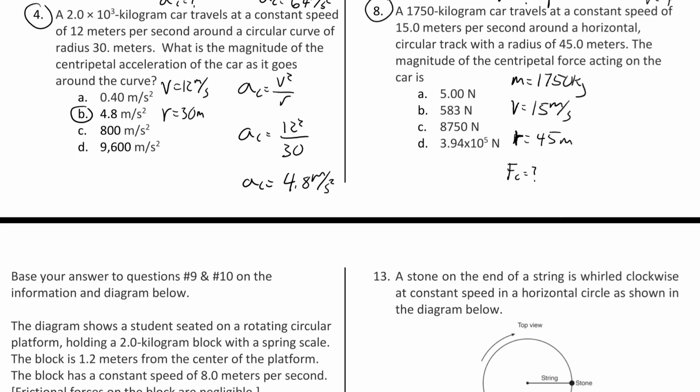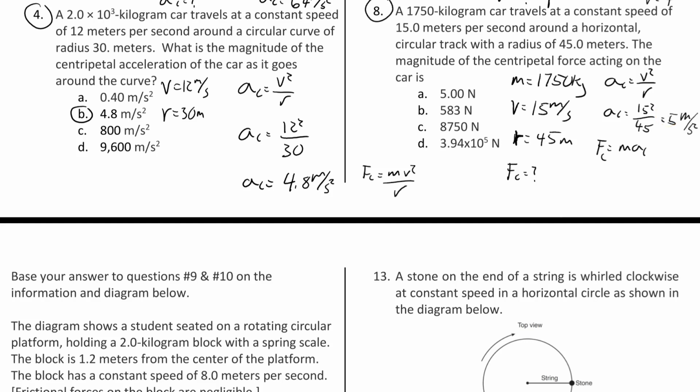Okay, well, we want to do F is equal to MA. But we don't know what the acceleration is. So we could calculate that first. Or, again, we could just use this equation in one step. AC is equal to 15 squared divided by the radius, which is 45. So the centripetal acceleration is 5 meters per second squared.